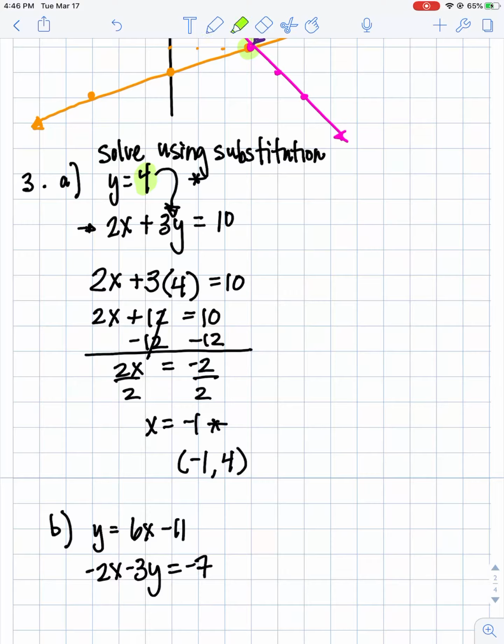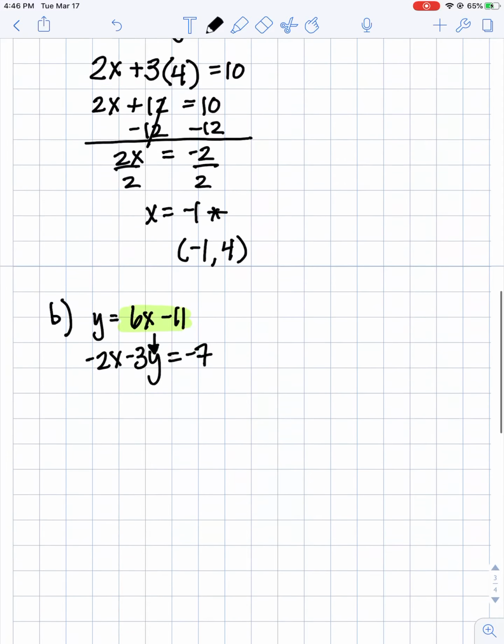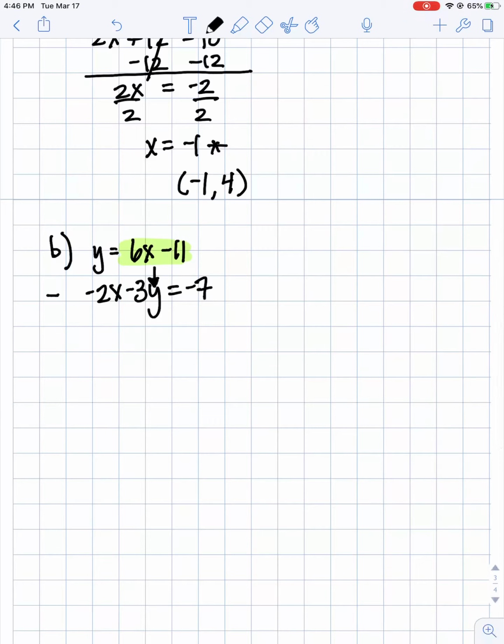Okay, so this time, guys, in the first example up there in A, y equaled 4. So we plugged in 4. Y now equals 6x minus 11. So everywhere I see a y, I'm going to plug in 6x minus 11.